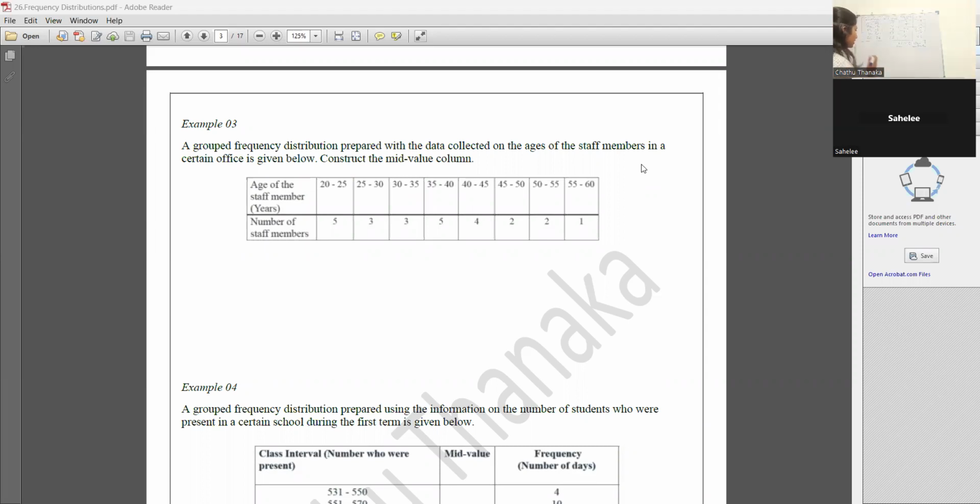Now we are going to find the mean. First, when you are finding the mean, you have to write this equation: mean equals sigma fx over sigma f.